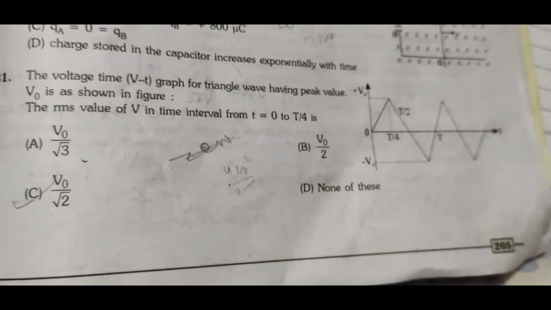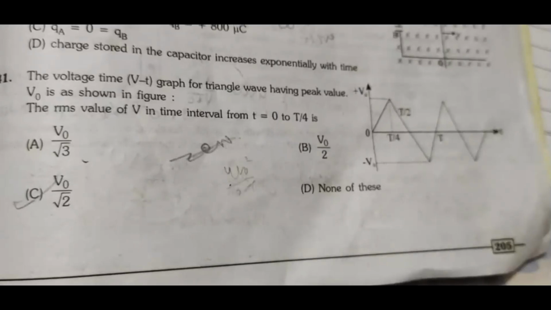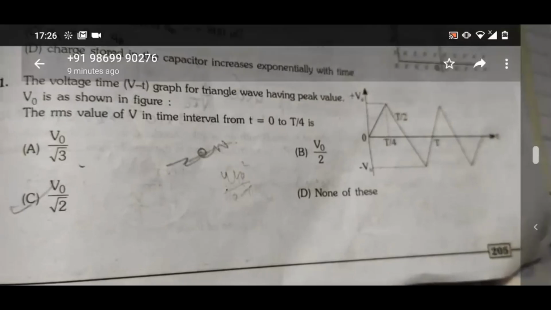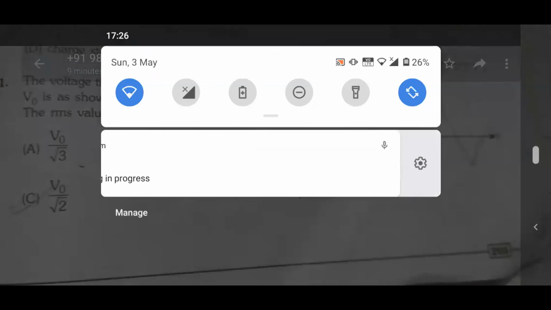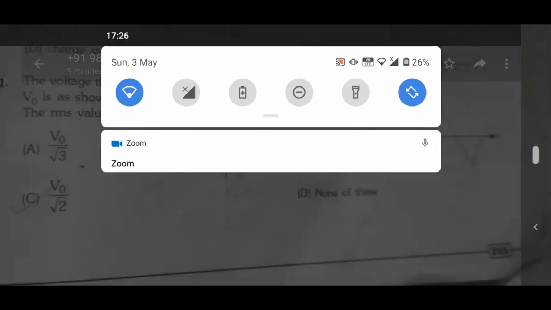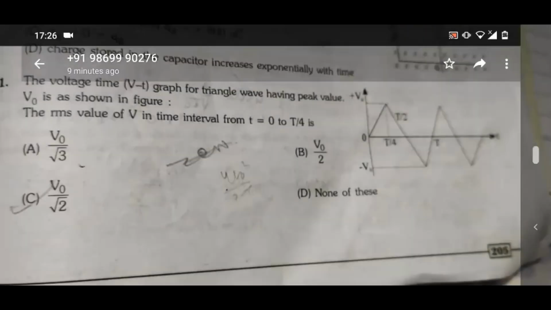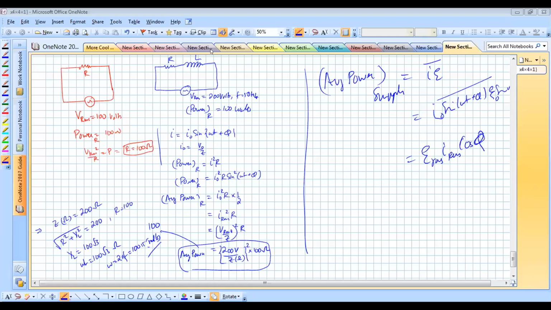Sir, is the RMS value a vector, sorry, a scalar quantity? Yeah. Voltage is also a scalar quantity only. Voltage has polarity, but it is scalar. Sir, if instead of voltage there was some other vector quantity, then its RMS would also be scalar, right? Yes, you'll have to convert.